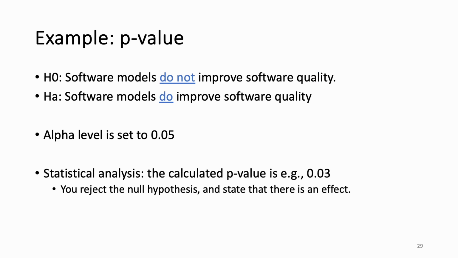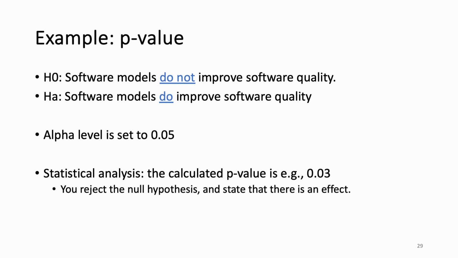So let's see an example about this p-value. Here we have two hypotheses, the null hypothesis and the alternative hypothesis, as we have seen before. Software models do not improve software quality, that's the null hypothesis. And then we have software models do improve software quality, that's the alternative hypothesis. And we have set the alpha level, the significance level, to 0.05.